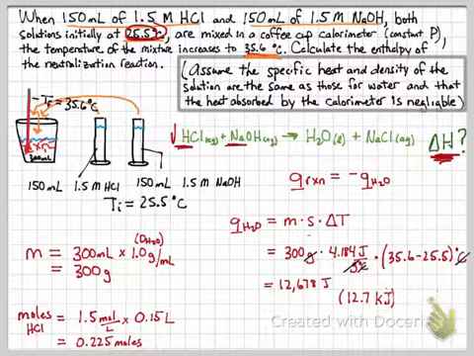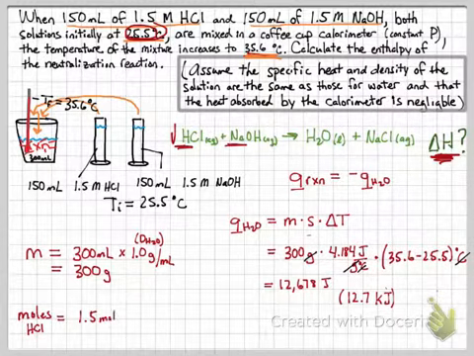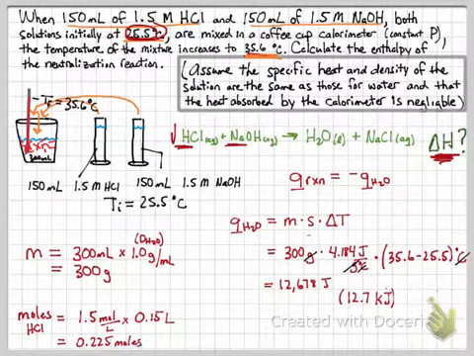So moles of HCl, let's go back again and do that. The moles of HCl in the reaction is equal to the concentration times volume, and we get 0.225 moles of HCl in this reaction. So what essentially has happened is that 12.7 kilojoules of energy were given off, so negative 12.7 kilojoules of energy from the reaction, for 0.225 moles.